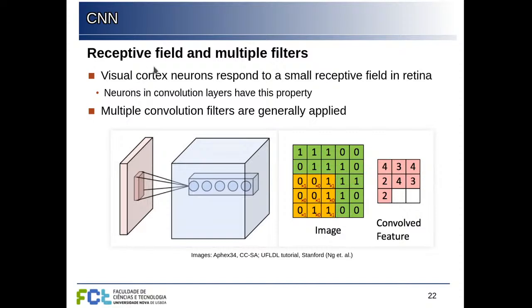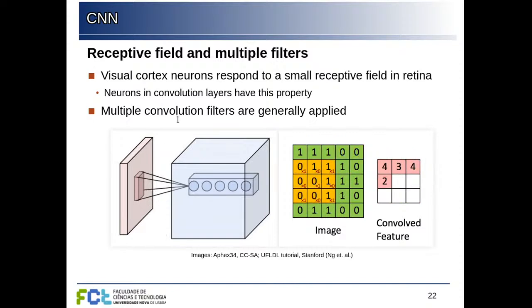And this is called the receptive field of the neuron. With an analogy to that, we call the receptive field of some neuron in a convolutional layer the region in the input that particular output corresponds to.